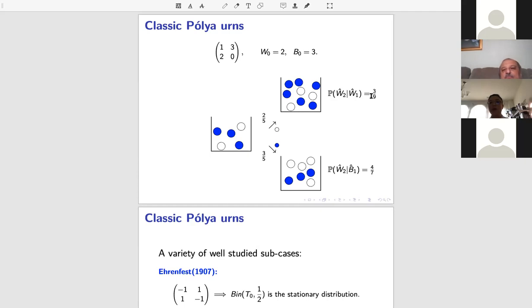Similarly, if we're on the blue path, we will execute the second row of the replacement matrix by adding 2 white balls into the urn, which makes our probability of sampling a white at our second attempt 4/7.